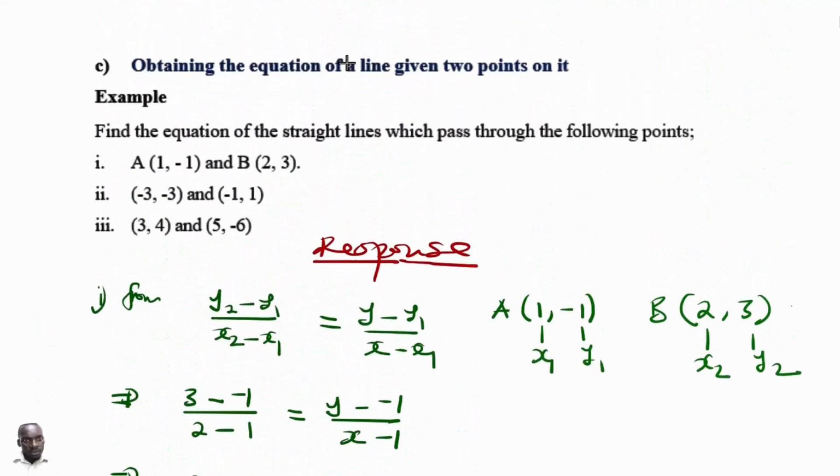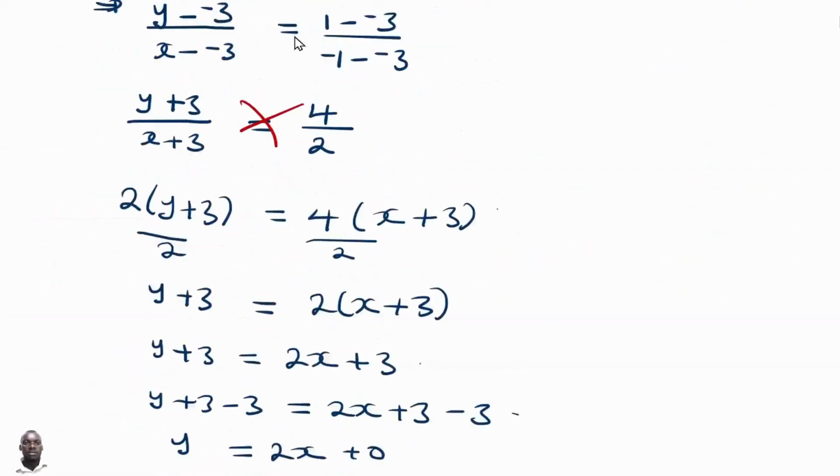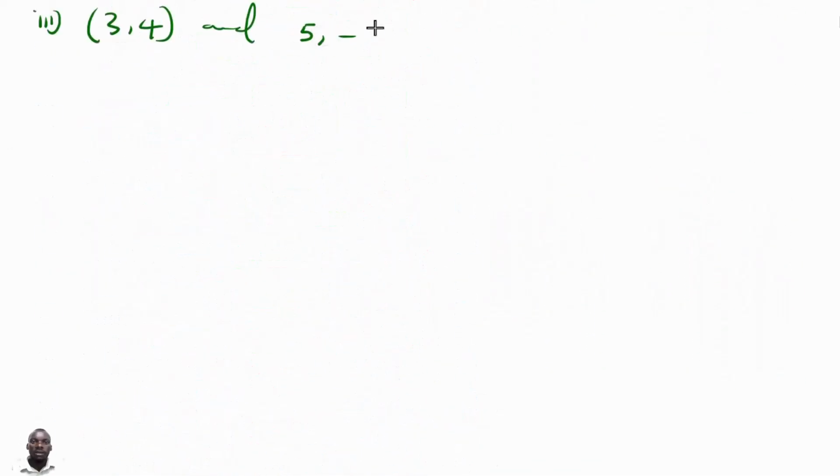We can now proceed to Roman numeral 3. We have 3, 4 and 5, negative 6. From here, this is going to be x1, automatically this one becomes y1, this is x2, then this is y2.